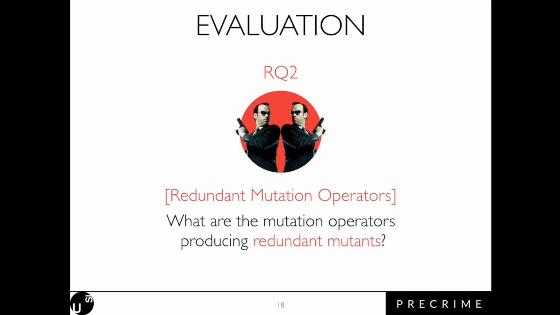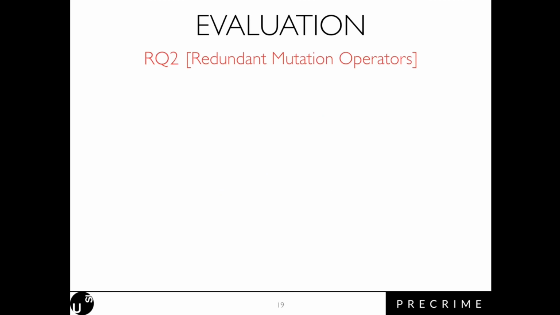Then we wanted to know which mutation operators produce redundant mutants, which means that maybe we produce too many mutants, and producing each mutant requires some time and resources, and maybe we can have a smaller set that will be enough to judge the quality of the test set with the same accuracy and reliability.